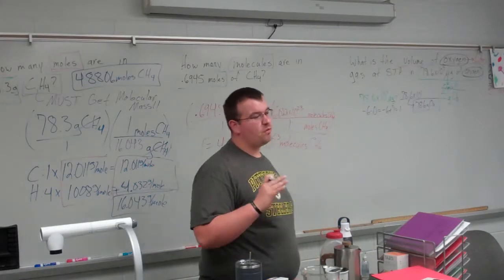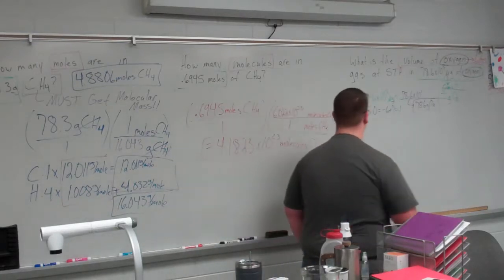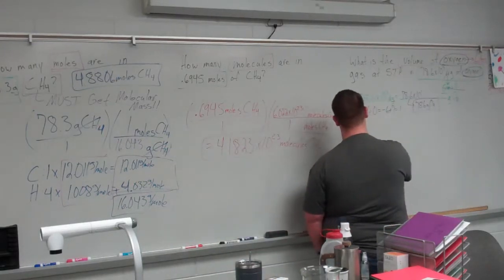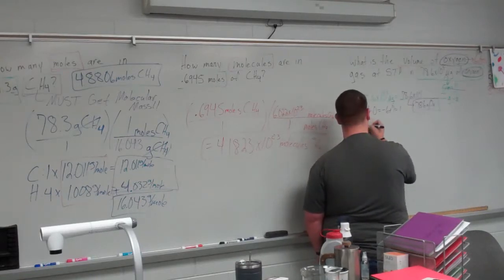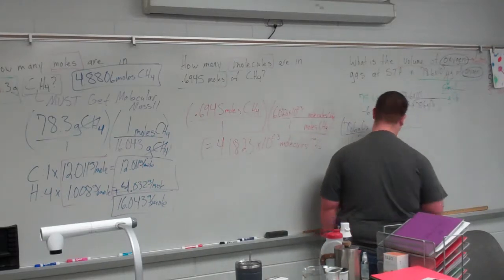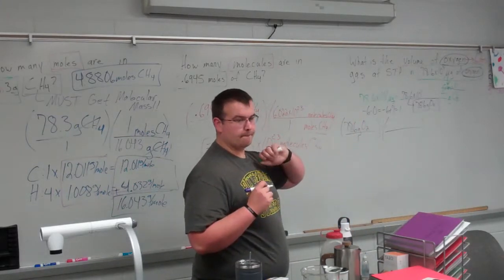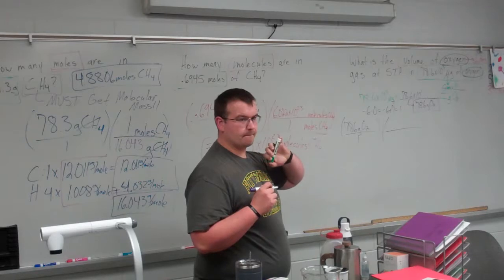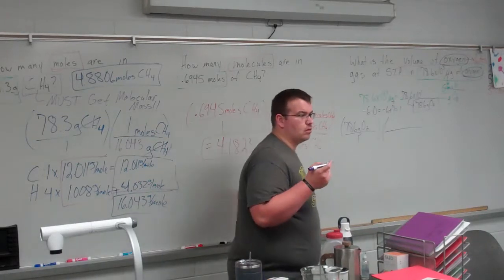Now we're going to show you why this is the trick. Write down what you start with: 786 grams of O2, set over 1. Set your conversion factor. We're trying to get to volume, so we'd have liters, 22.4 liters.